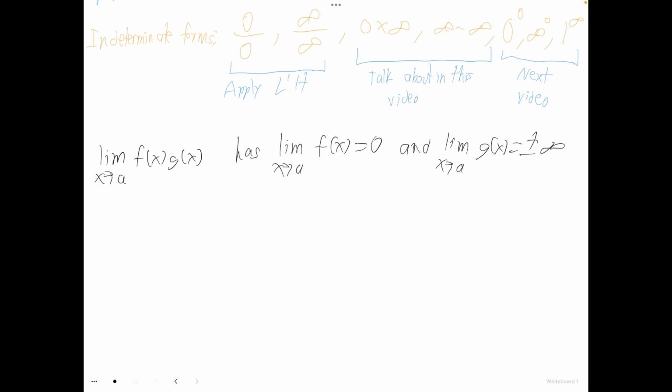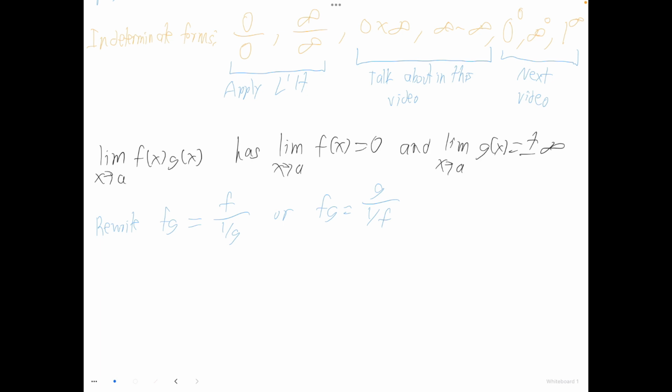So the way we deal with this is we just convert f times g. We're going to rewrite f times g as f divided by 1 over g, or f times g equals g divided by 1 over f.